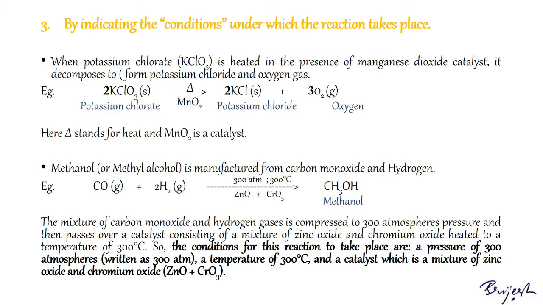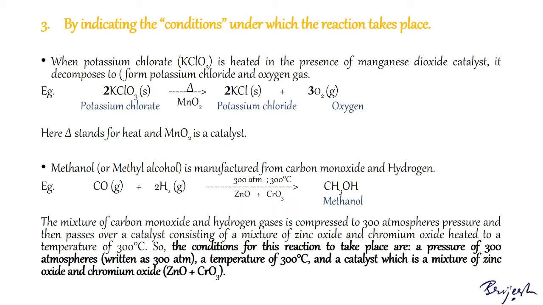Now we'll move on to the third condition, so as to make this equation more informative, that is, to indicate the conditions under which the reaction has taken place. So if heat is required for a reaction to take place, then the heat sign delta is put over the arrow of the equation.